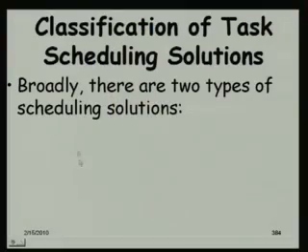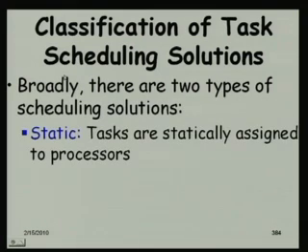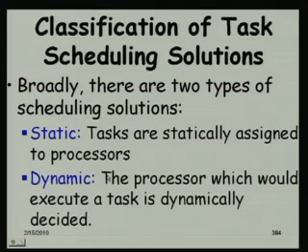So, let us look at a broad classification of the task scheduling solutions. We have broadly two categories of solutions. One is a static solution. In a static solution, we predetermine which task will run on what processor and using what algorithm. The tasks are statically assigned to the processors.